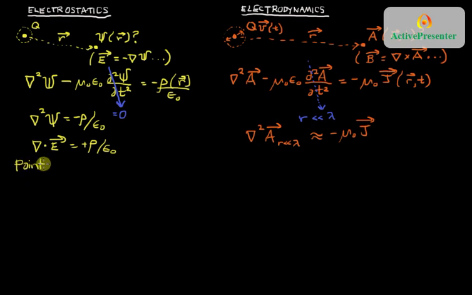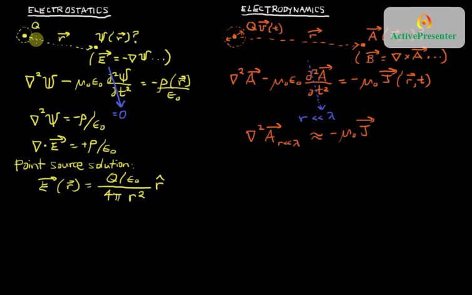I'll remind us that the point source solution is that E at that location r is the total charge over epsilon naught divided by 4 pi. Remember, electric field goes as 1 over r squared, just like gravity, and it goes in the r hat direction. r hat points in the direction of r.